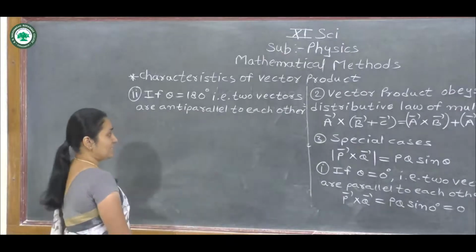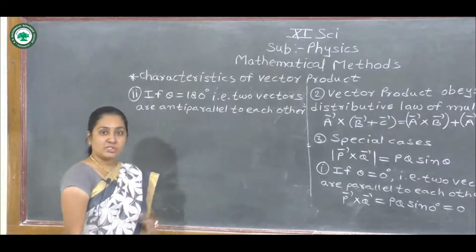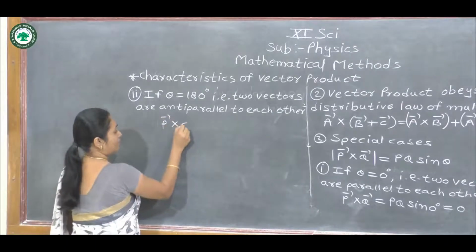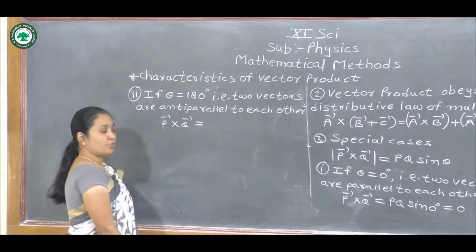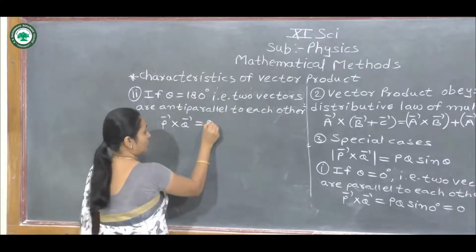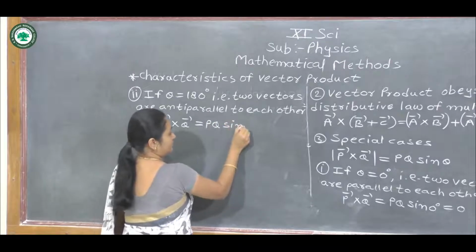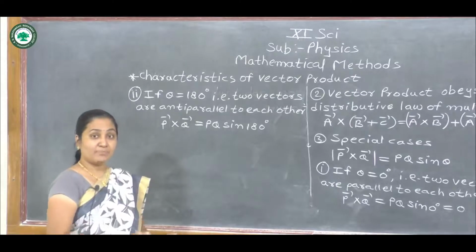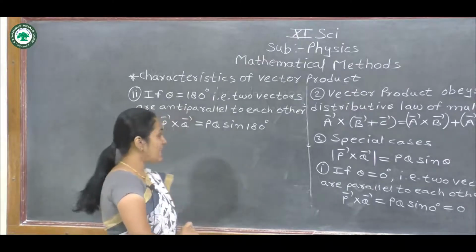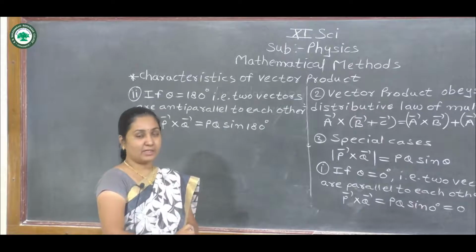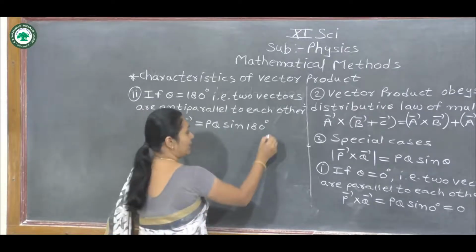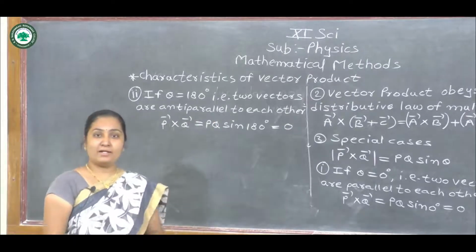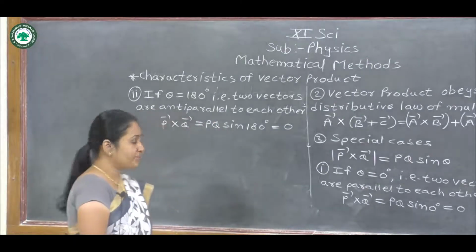So in this case, the cross product of these two vectors is given by P bar cross Q bar is equal to PQ sin 180 degree, that is PQ sin pi, and sin pi or sin 180 degree is 0, so we get 0. So this is the second case of vector product.